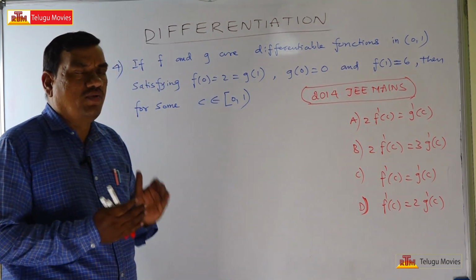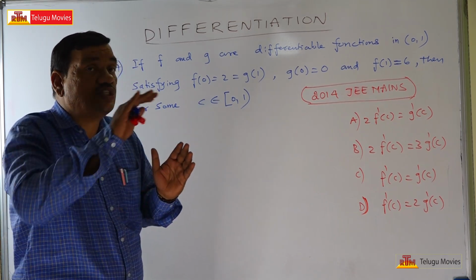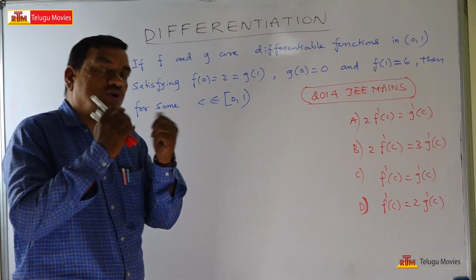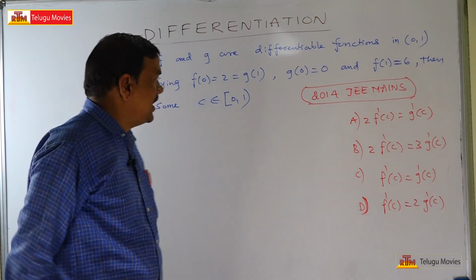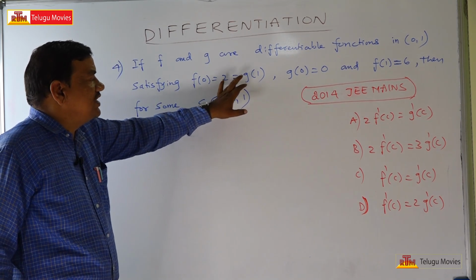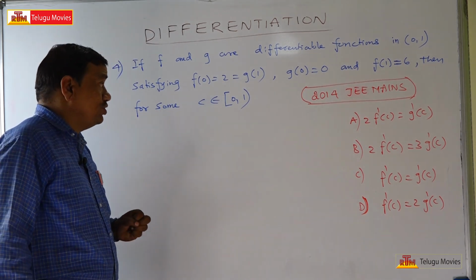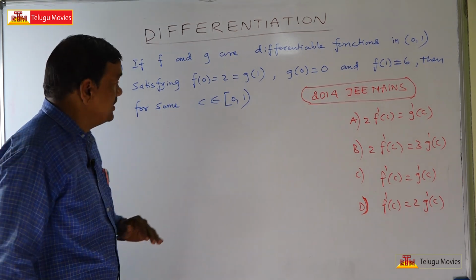That means those two curves, f and g, are very smooth. You can draw a tangent everywhere. They satisfy f of 0 is equal to 2, that is equal to g of 1, and g of 0 is equal to 0, and f of 1 is equal to 6.